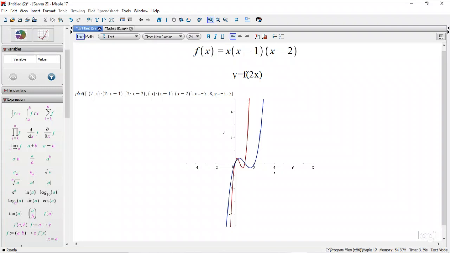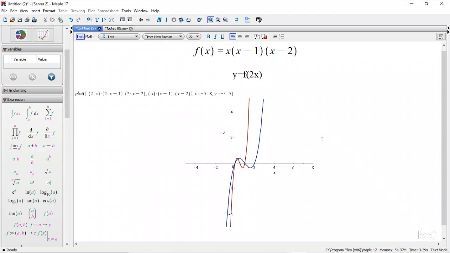Then root 1 divided by 2 becomes half, and 2 divided by 2 is 1. So you can see now on the red graph the roots become 0, half, and 1. In the blue graph it was 0, 1, and 2. Now it was squeezed to 0, half, and 1.